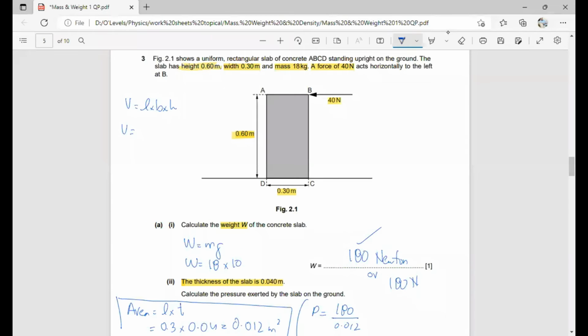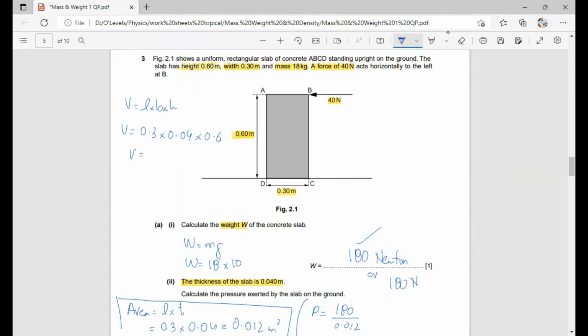If we want to calculate the volume of this rectangular slab, we simply multiply length into breadth into height. Length becomes 0.3, width or thickness is 0.04, and height becomes 0.6.